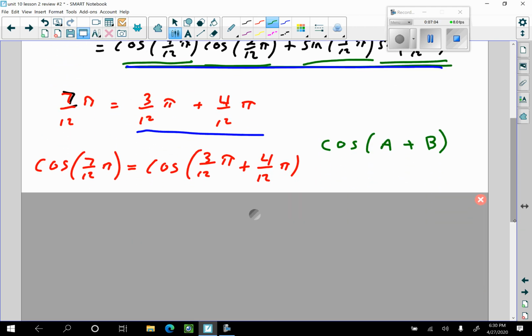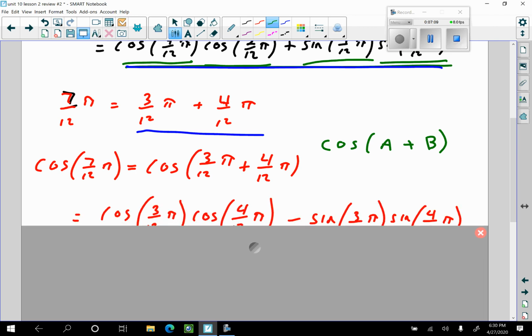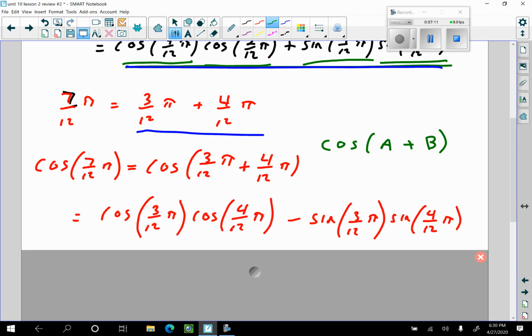Yep. So what's that going to be? It's going to be the cosine of 3/12 pi times the cosine of 4/12 pi minus sine of 3/12 times the sine of 4/12. And this, ladies and gentlemen, this statement is equal to this statement.